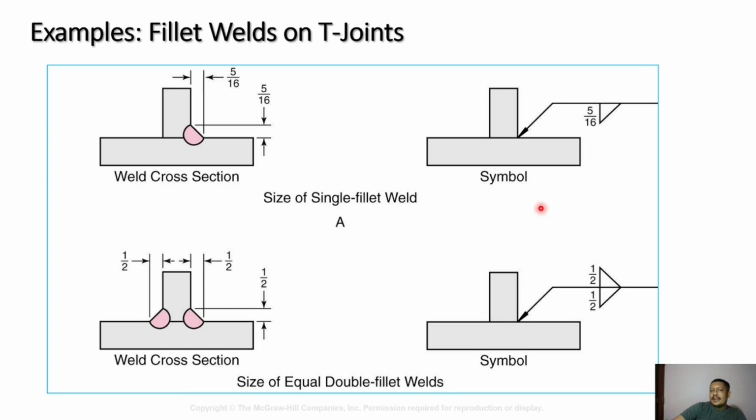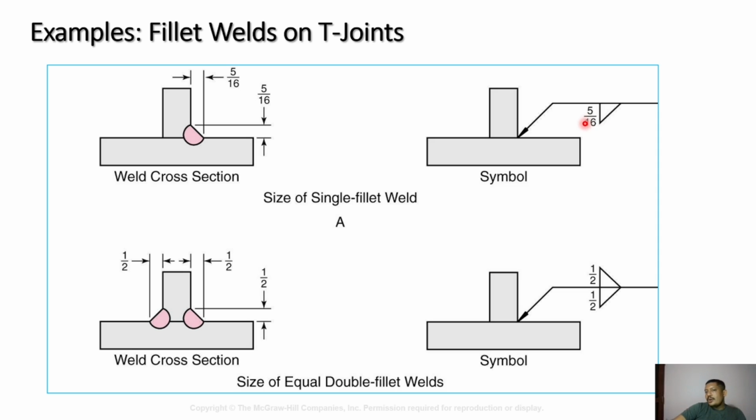Now in the second case, you can see over here I am performing two fillet welds on both the sides, where the dimensions also remain the same. So I am drawing a symbol like that, marking two triangles like this and writing the dimensions over here, indicating that on the arrow side as well as the far side I need to perform the welding.